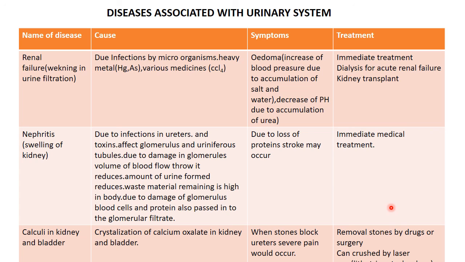The feeding habit of a person is also a reason for stones, and postponing urination is also a reason for these diseases. So you should maintain a proper healthy lifestyle to prevent these diseases.